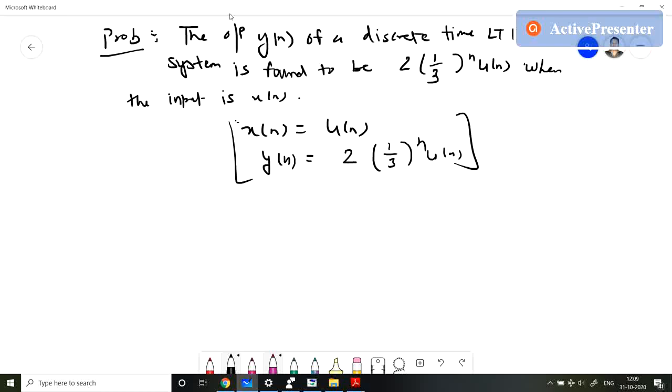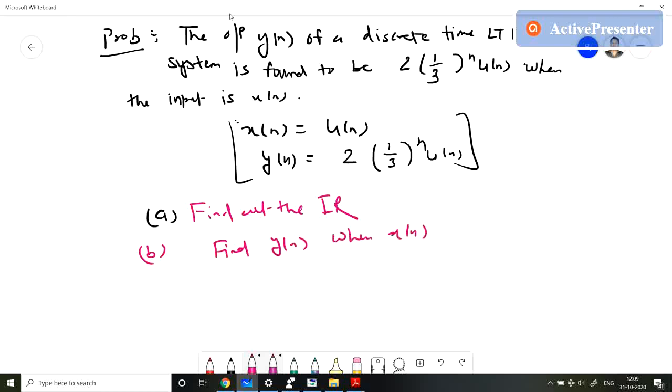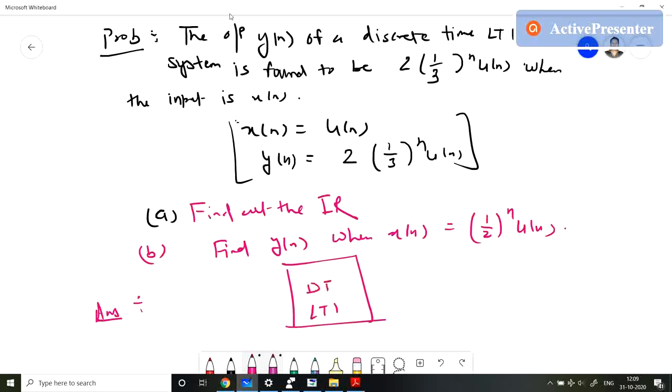Part A is to find the impulse response, and part B is to find y[n] when x[n] is (1 by 2) raised to the power n u[n]. So we need to find the solution of this problem. First let us understand this problem. We have a discrete time LTI system.